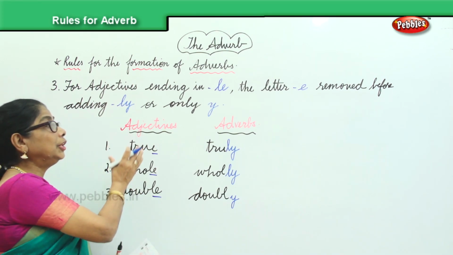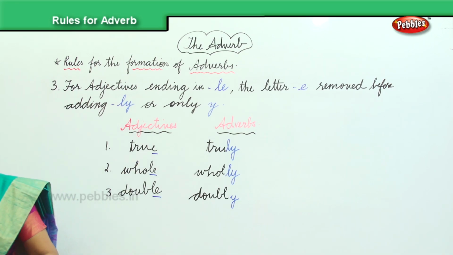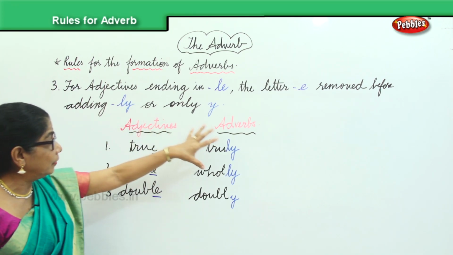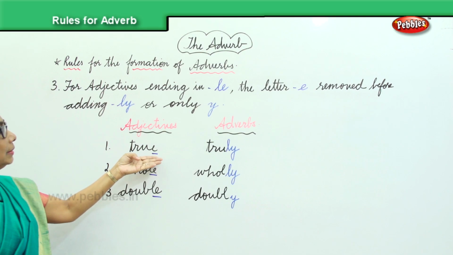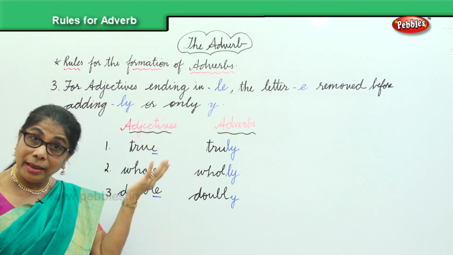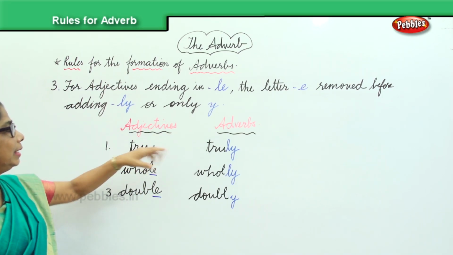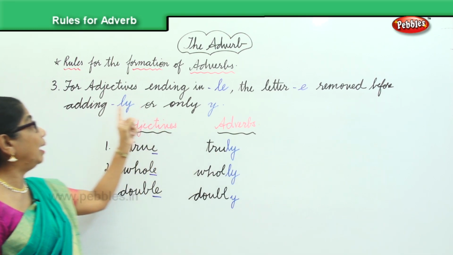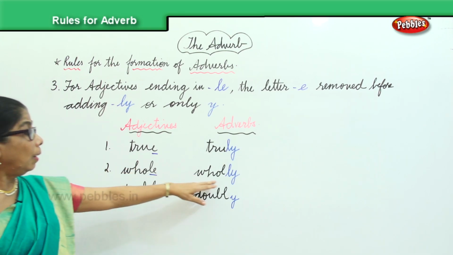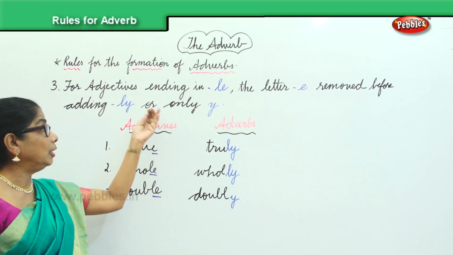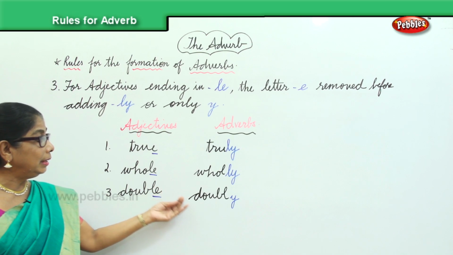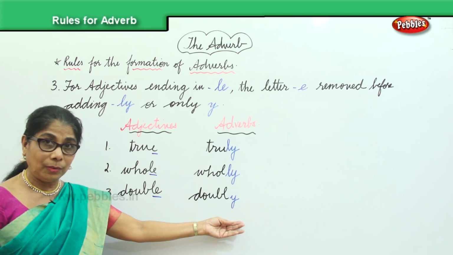So in the third rule, the formation of adverbs from adjectives, if it is ending in e or le, the e is removed by adding ly or y. True, you take away e and add ly and you get the adverb. Whole, you take away E and put ly, wholly. In double you take away the E and simply add Y, one letter is added.